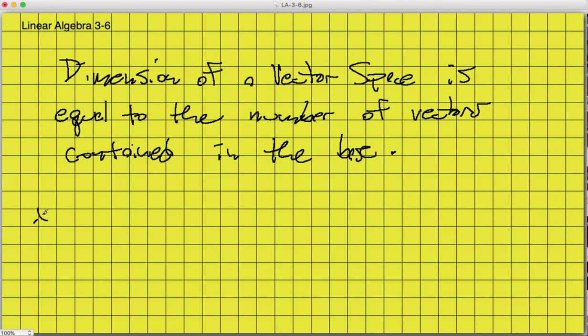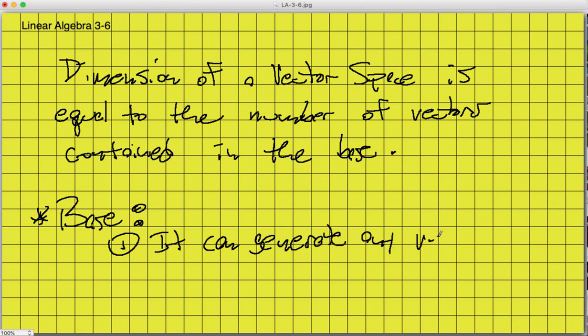And recall again that the basis has two properties. One, it can generate any vector in the vector space as a linear combination.